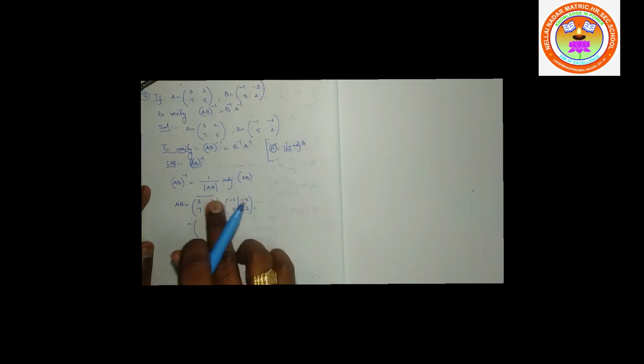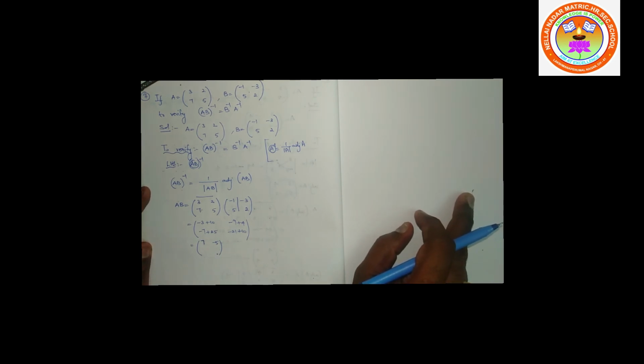First row, first column, first row, second column. 3 into -1 is -3, 2 fives are 10. 3 into -3 is -9, 2 twos are 4. 7 into -1 is -7, 5 fives are 25. 7 into -3 is -21, 5 twos are 10.